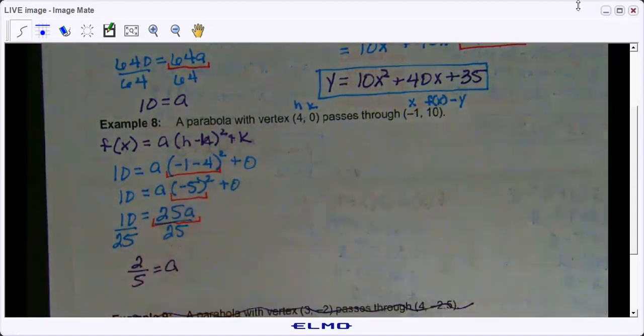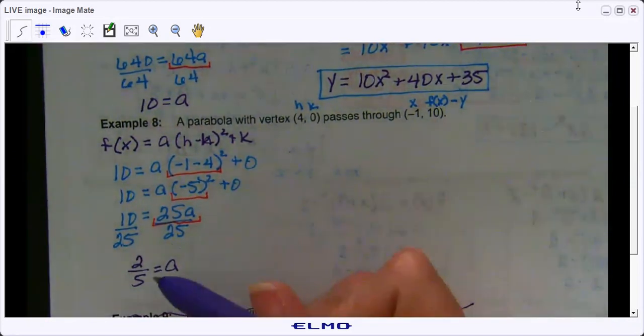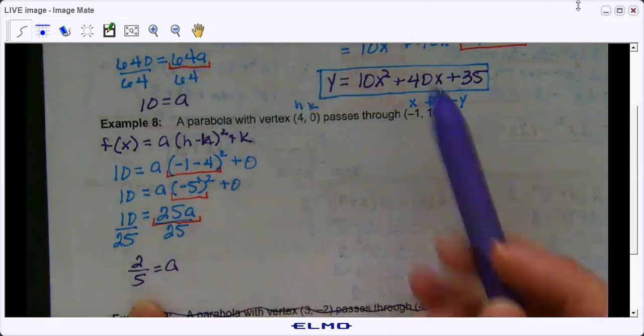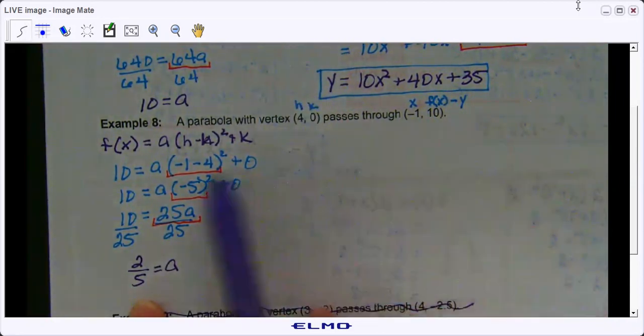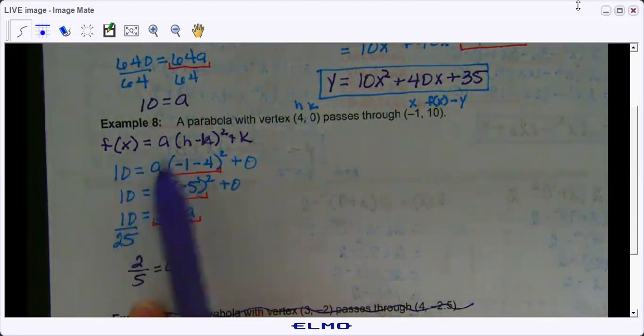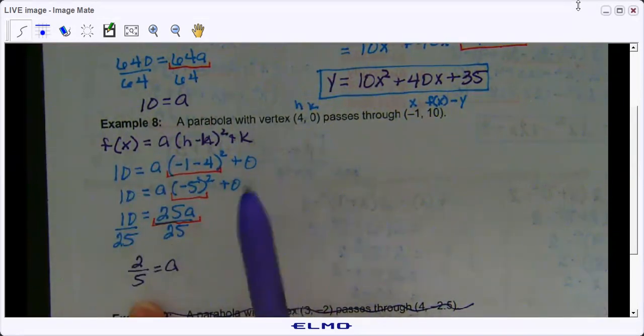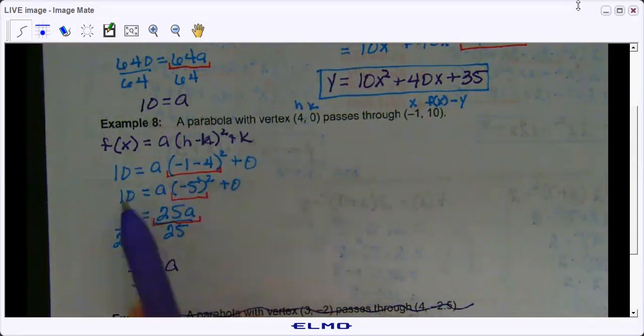Now we are going to plug the 2/5 into the A for our equation, and we're going to use this equation right here, except we're not going to have x or y.